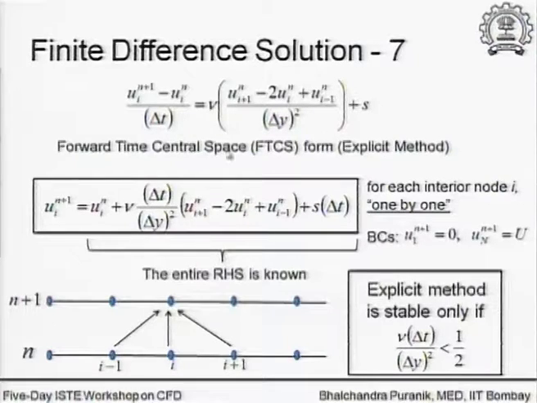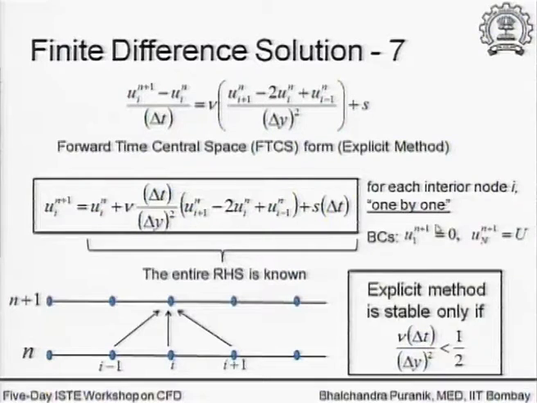So if you simply rearrange this expression, you can write it as the u value at the ith node for the later time instant is equal to the u value at the ith node at the current time instant plus all this business which is also at the current time instant. This is written for each interior node i, let us say one by one.